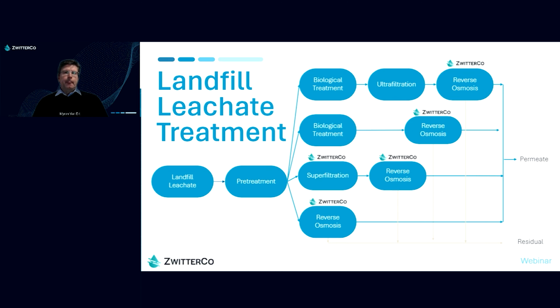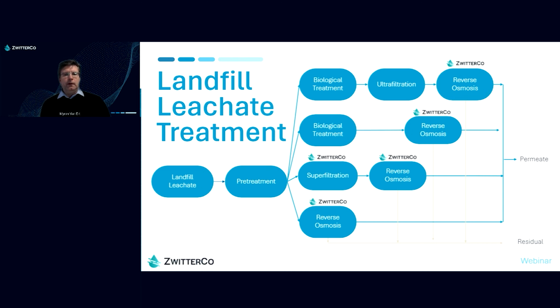When you look at landfill leachate treatment, there are typically a couple different types of flow sheets that you'll see. The landfill leachate will go into a pretreatment step, which is largely to take out suspended solids or other large particulate, and then it'll go down a couple different pathways in which it can be tackled.